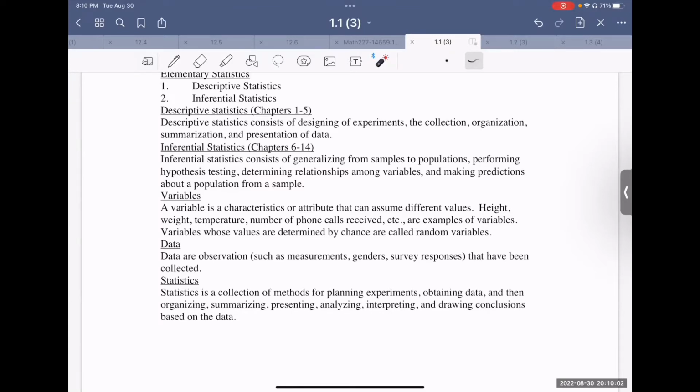So this first chapter is really terminology. This first chapter, I would say, is different than the other chapters in this book, the other modules that we'll cover in this course.